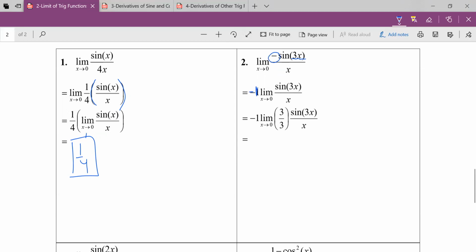Again, it's a constant, so it can go in front of our limit using our limit properties. But now I need this 3 down here, so it's sine 3x over 3x. But I can't just multiply the denominator by 3. I would have to multiply the numerator by 3. And that's what I've shown right here.